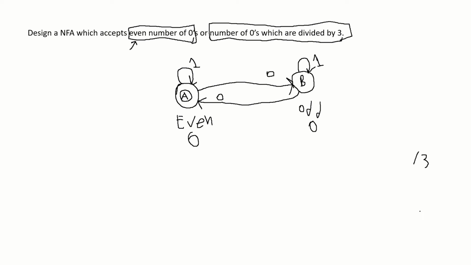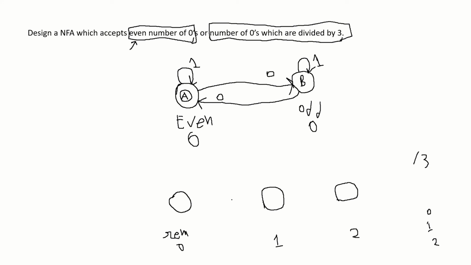The possible remainders are 0, 1 and 2, right? So we will have 3 states. So this is remainder 0, remainder 1, remainder 2.